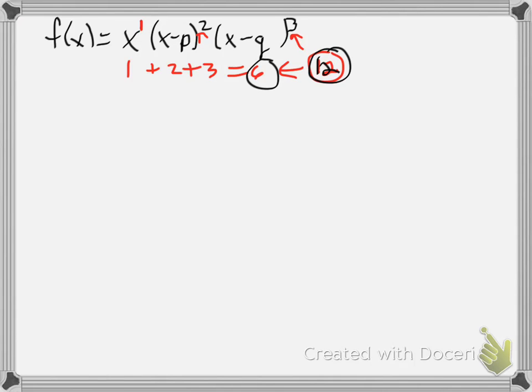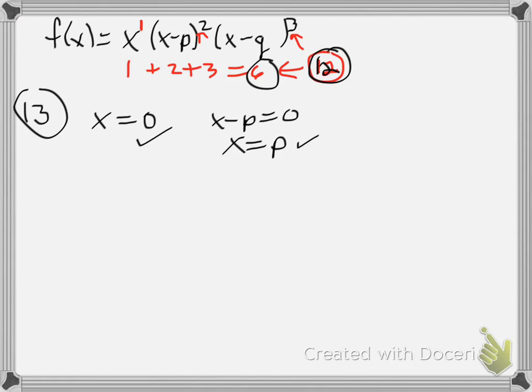It's 6. Okay. Number 13, it asks us how many distinct zeros. Distinct zeros are zeros that you can actually count on the x-axis. Well, if we set the first x equal to 0, that's one distinct one. Then we had x minus p equal to 0. That means x equals p. That's one. But you say it's squared. Well, this one happens twice, but you only see it once.